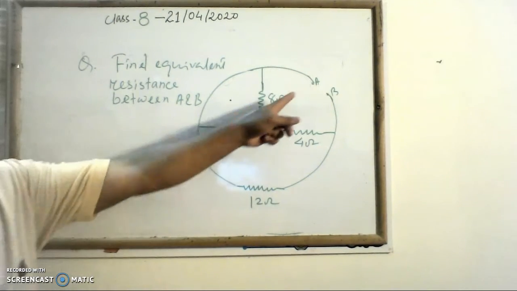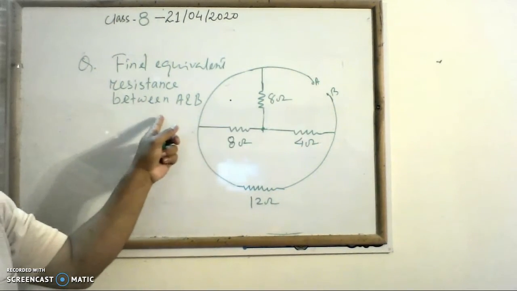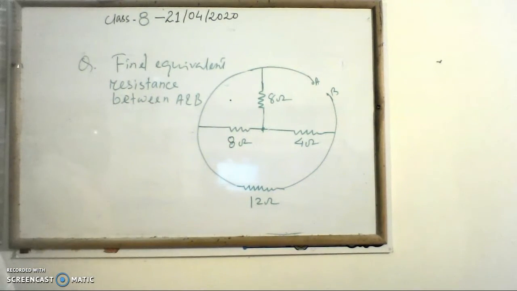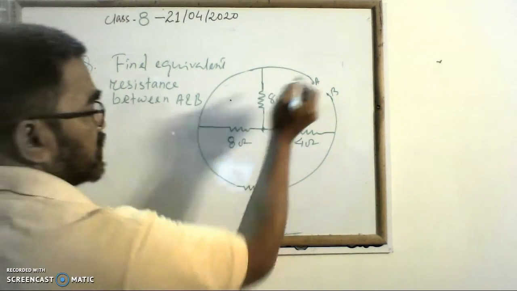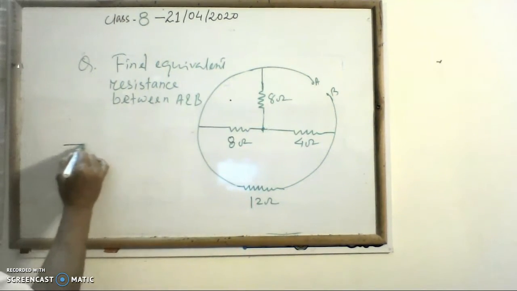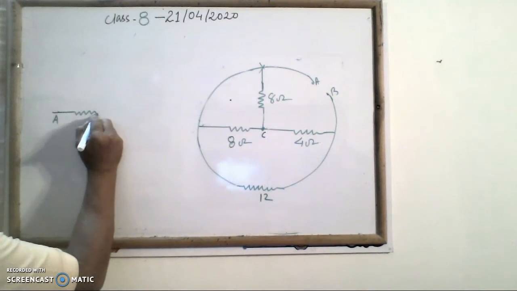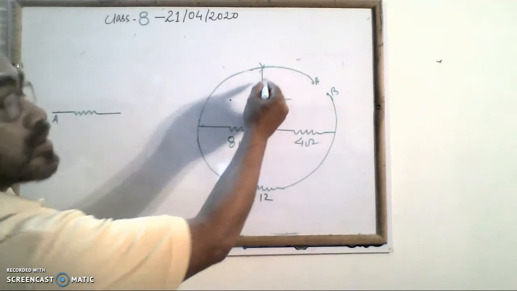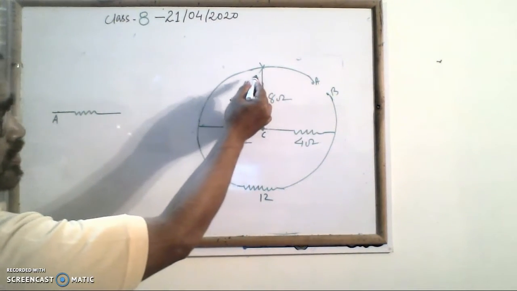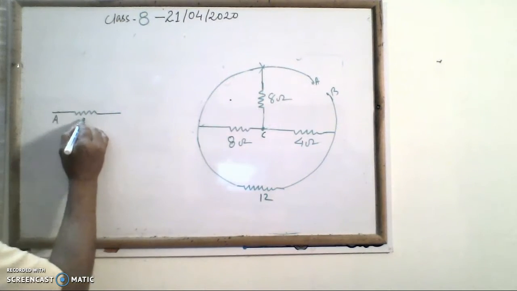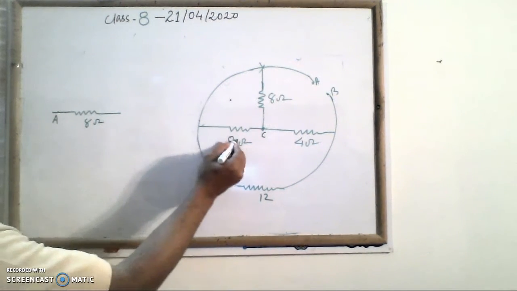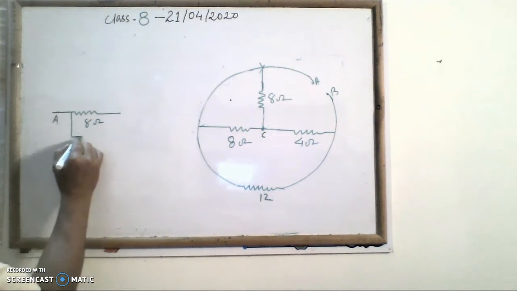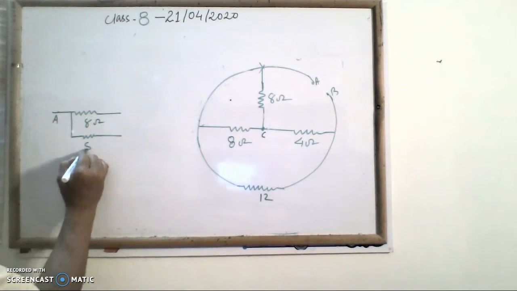This is another problem. A and B, you have to find out the equivalent resistance between A and B. 8 ohm, 8 ohm, 8 ohm and 12 ohm. So you are to draw a modified circuit like this. From point A, you are to find out the endpoints of 8 ohm. Suppose this is 8 ohm, and another endpoint this 8 ohm. This is 8 ohm.